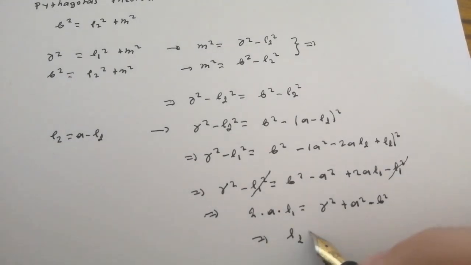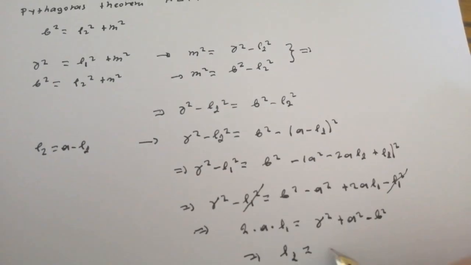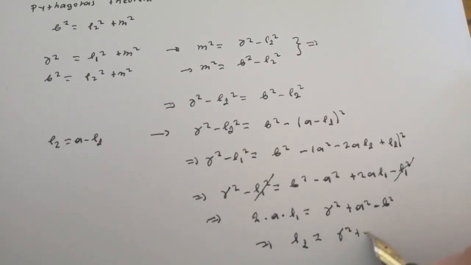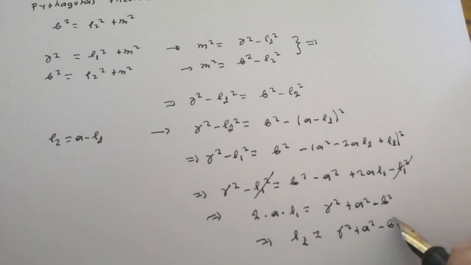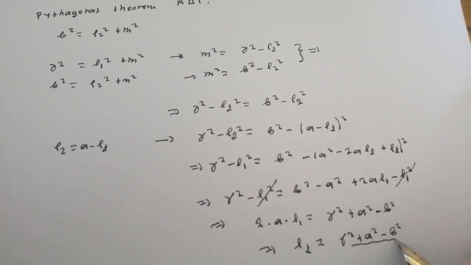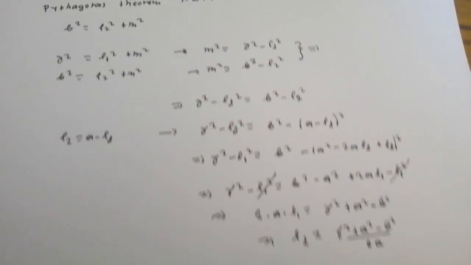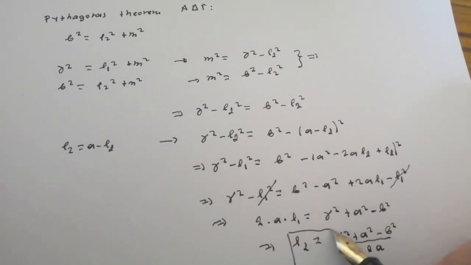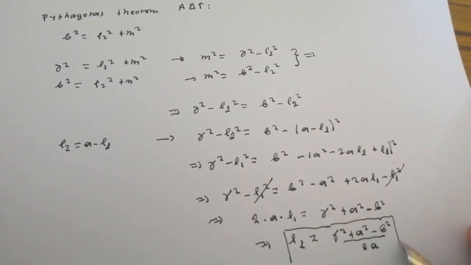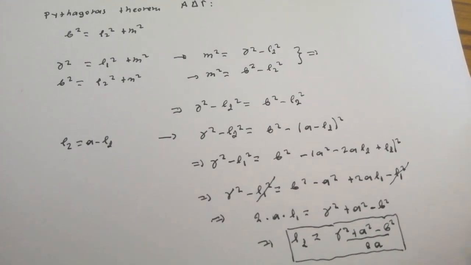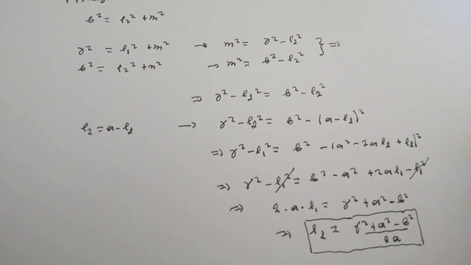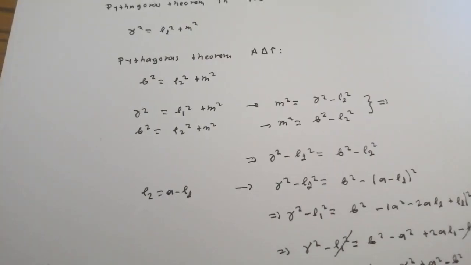Consequently, L1 is equal to gamma squared plus alpha squared minus beta squared over 2 alpha. We have obtained the formula.